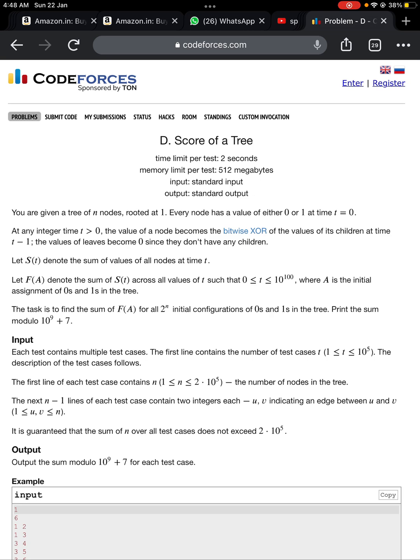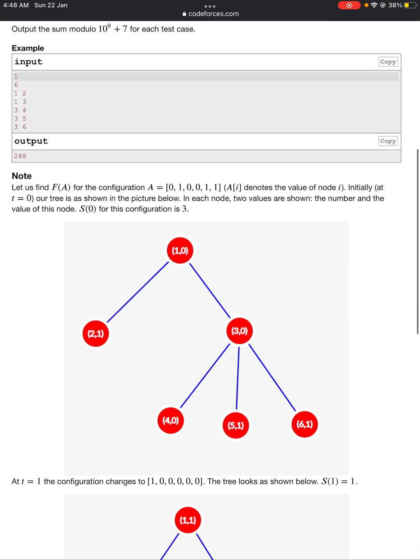So here it says, for this configuration a, we can define f(a) as the sum of s_t across all values of t, where a is this configuration of 0s and 1s. Now what we have to find is the sum of f(a) for all possible configurations.